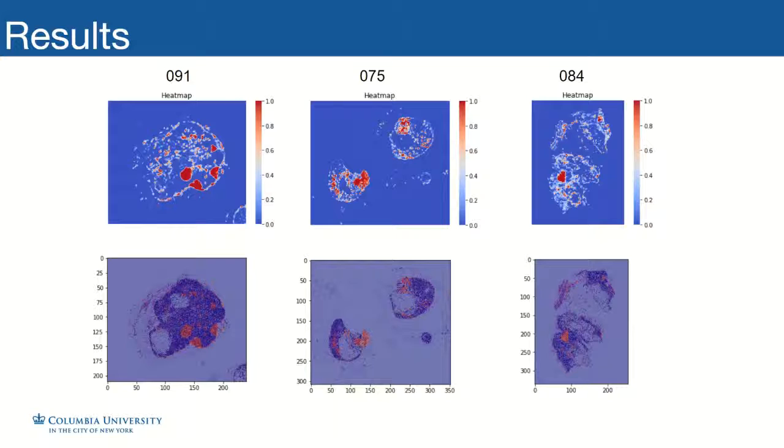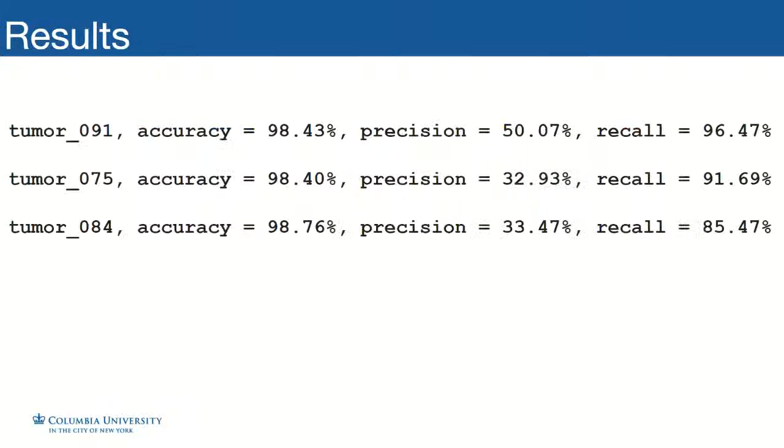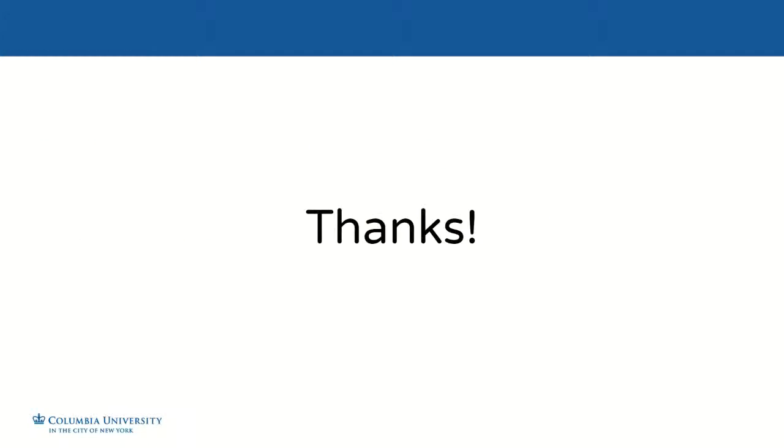We trained our model on 8 slides and evaluated it on 3 slides: 091, 075, 084, and the heat map is shown here and it looks perfect. We also have the numeric values of accuracy, precision, and recall. Thank you for listening.